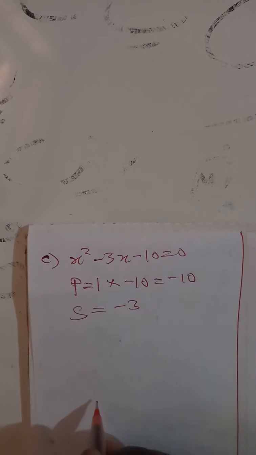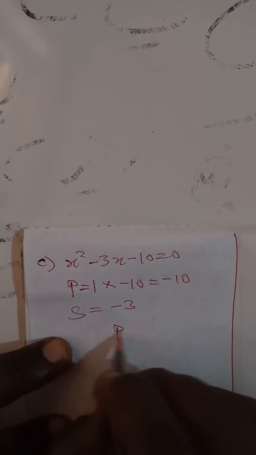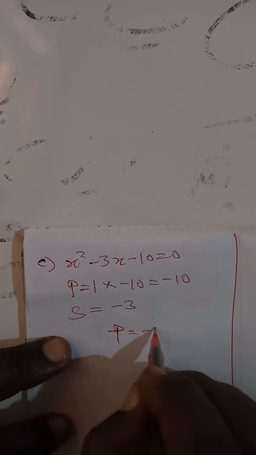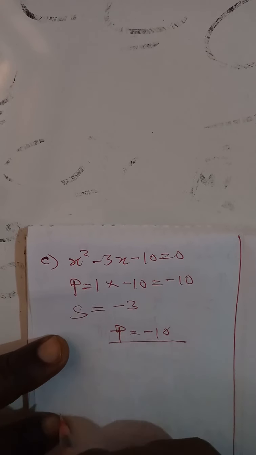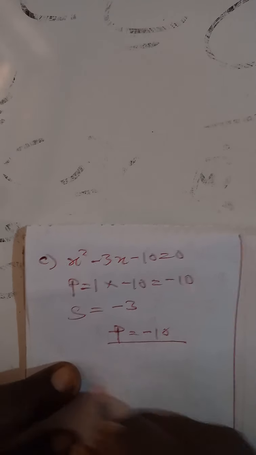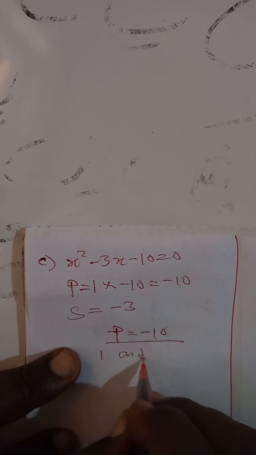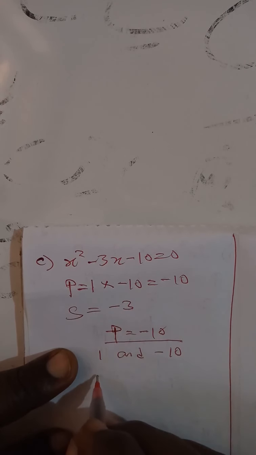So I now go to the product to derive my possibilities. So my possibilities are drawn from the product, right? So we have product is minus 10. The factors of 10 are 1, 2, 5, and 10. So I will use them. I will start with 1. 1 and minus 10 will produce minus 10. So I will switch it again.